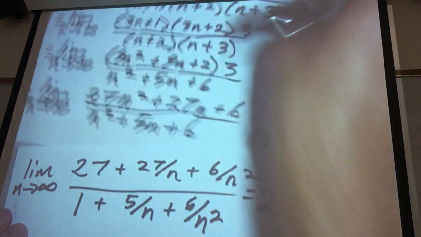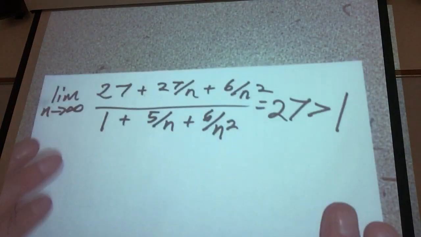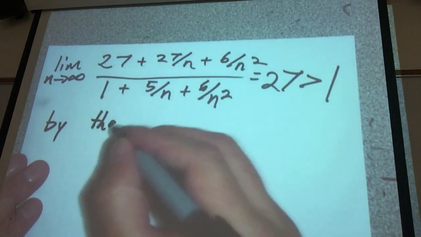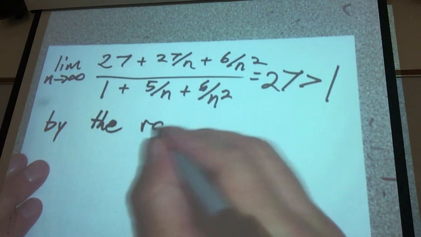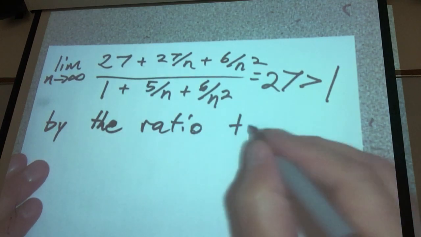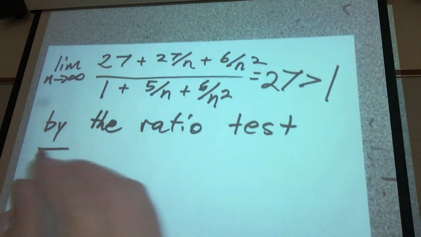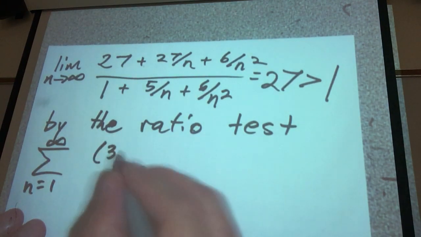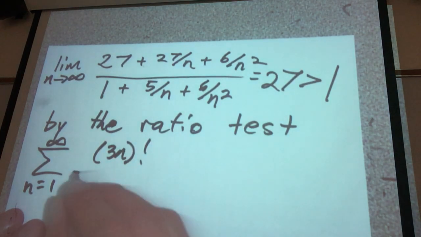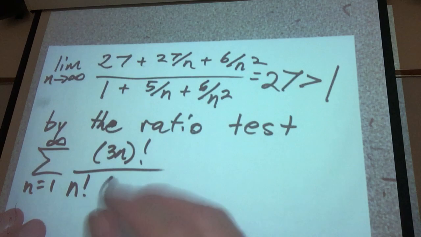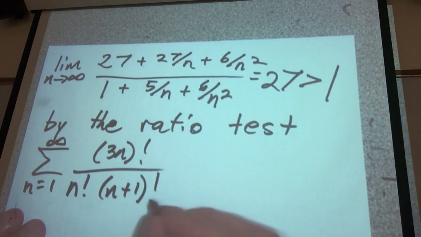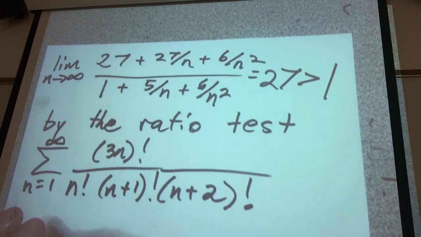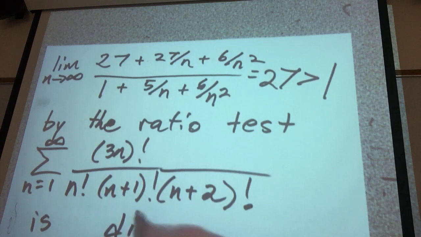So by the ratio test, the sum, n equals 1 to infinity, of 3n factorial divided by n factorial, n plus 1 factorial, and n plus 2 factorial is divergent.